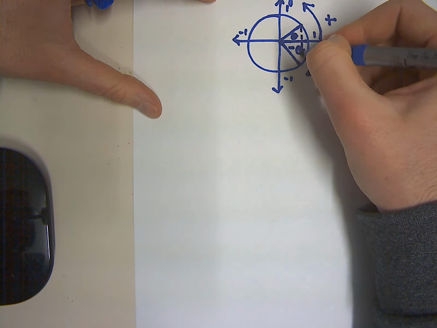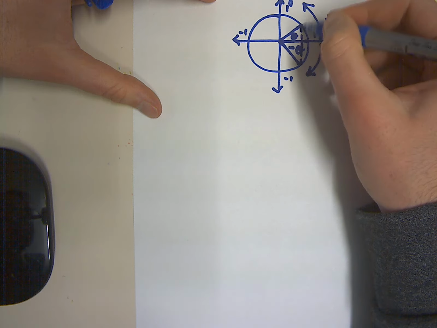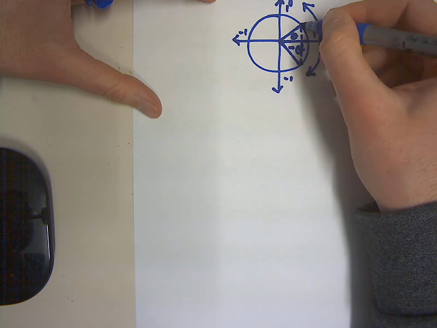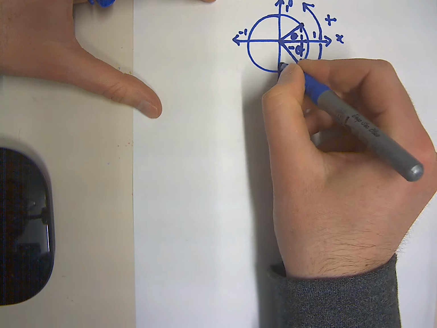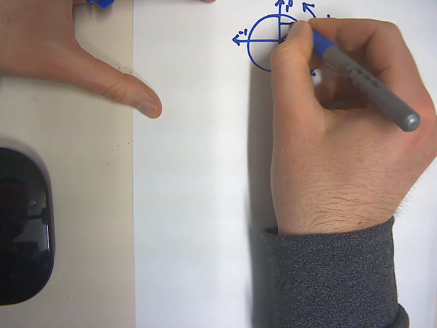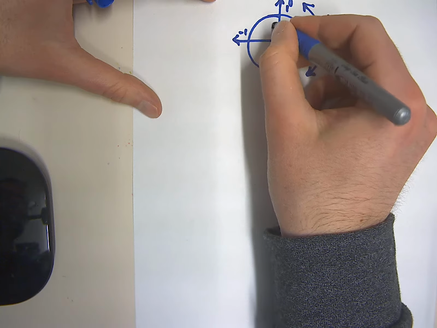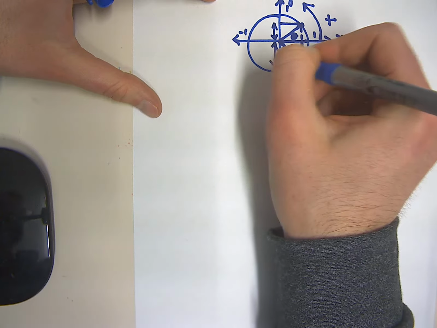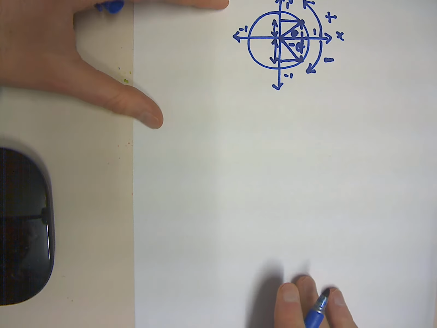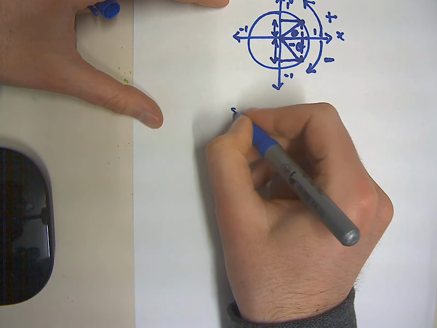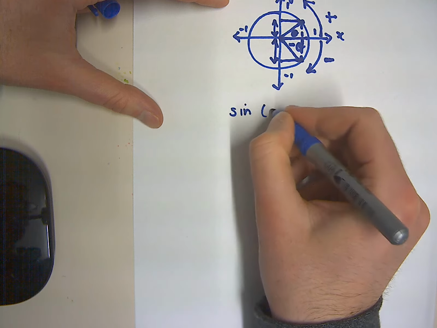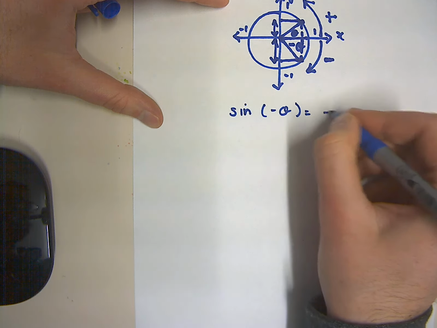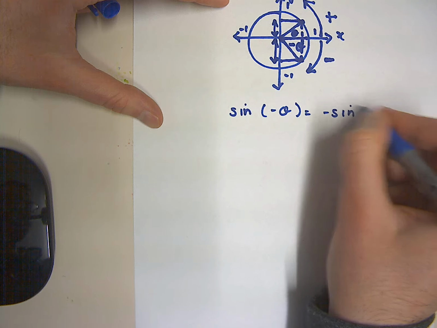Now it's interesting to note that both these points have the same x-coordinate, and by symmetry they'll have the same size y-coordinates, but negative theta will be negative. So we can actually say that sine of negative theta is just negative sine theta.